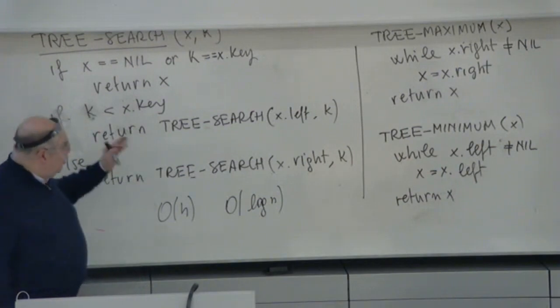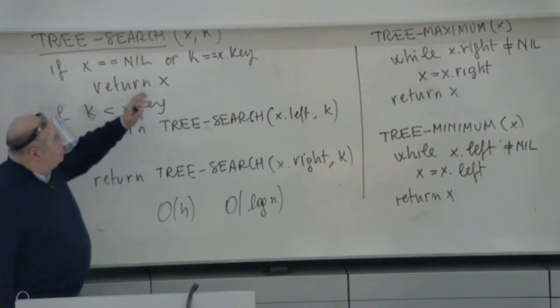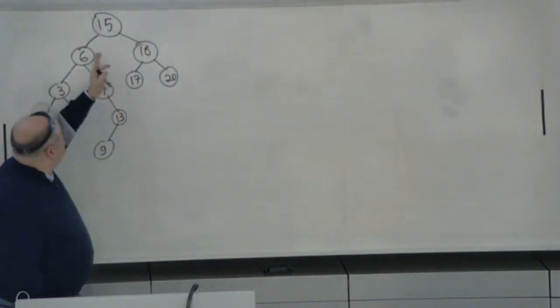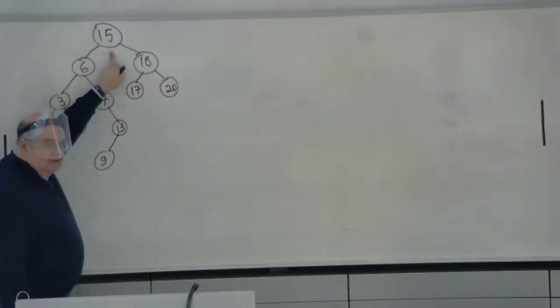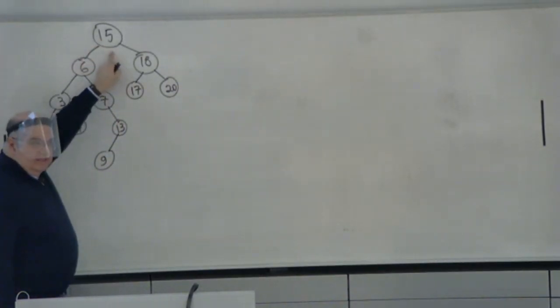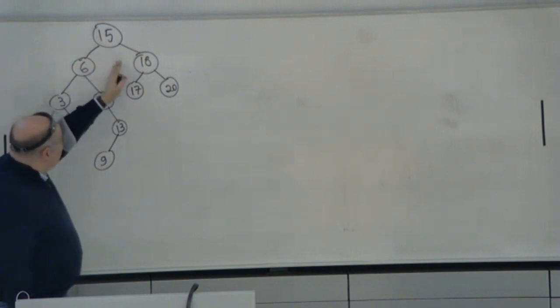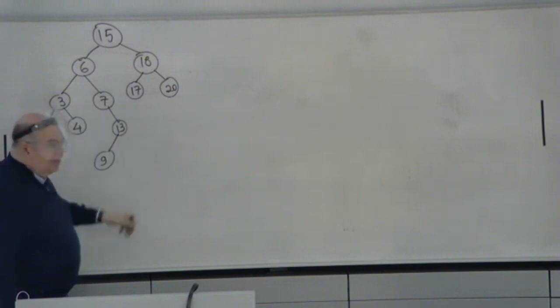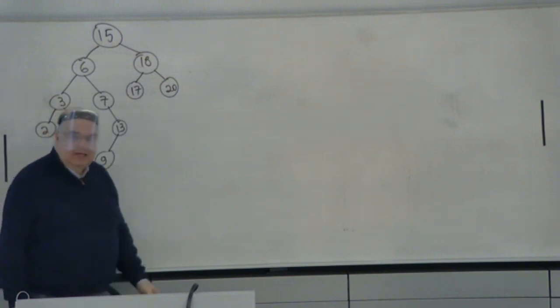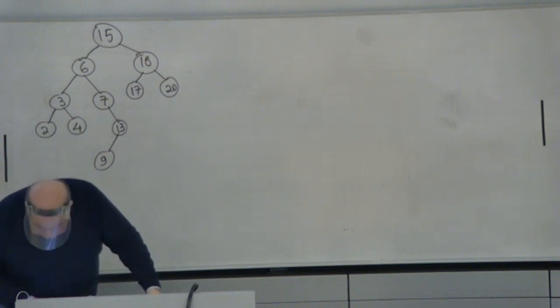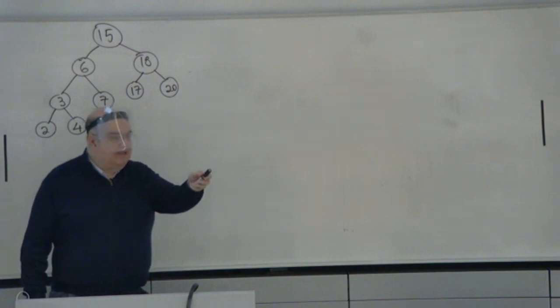The property defining the binary search tree is that every node in the left subtree is less than the node itself. So every number here must be less than 15. Every number to the right of 15 must be greater than 15. That is the property defining the binary search tree. So yes, it's a convention, but yes, please.